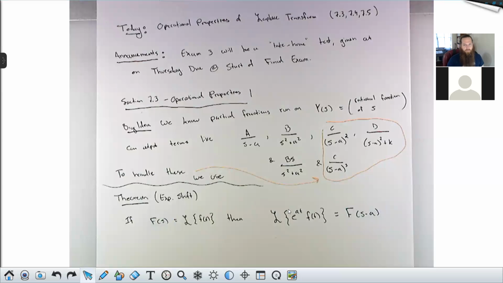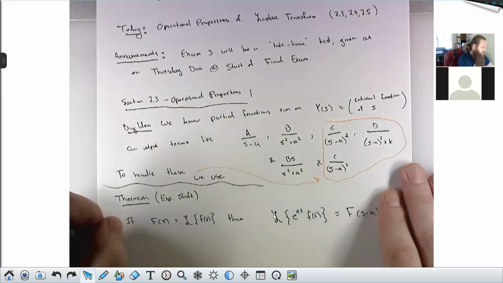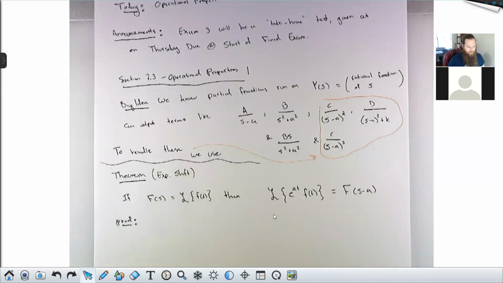What this theorem says is that if you multiply your original little f by some exponential e to the at, then you'll get more or less the same Laplace transform, just with the s's all swapped for s minus a's. And the proof here is very straightforward. So I am going to do this proof, but I will try to do fewer proofs and theory discussion in the remainder of the course.